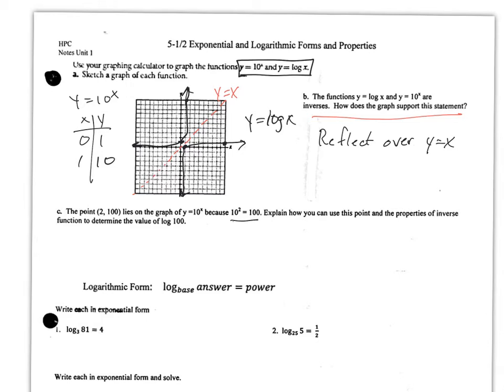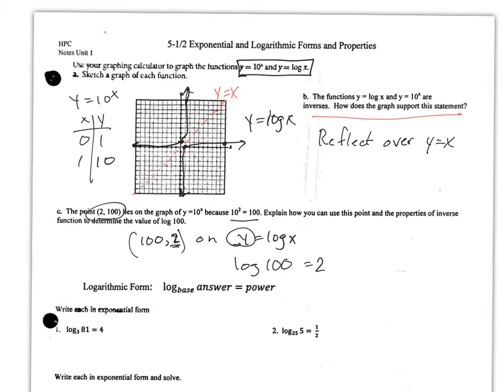Well, if (2, 100) is on the graph, then (100, 2) would be on the log graph. So if we plug these numbers in, the log of x, so the log of 100 would equal y, and y is 2. So that's how we can do that.